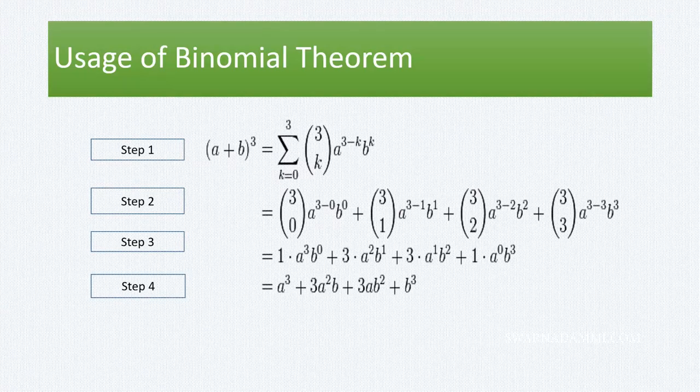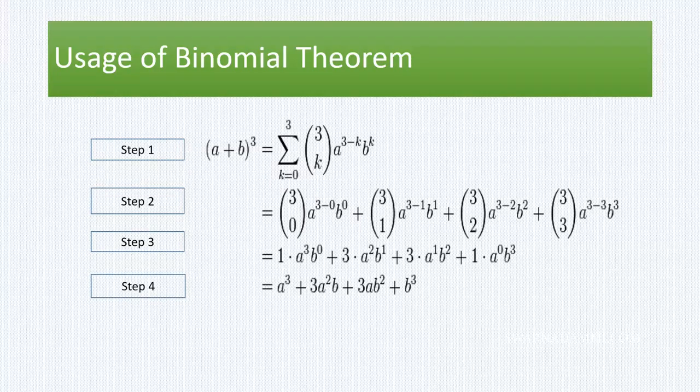You are given (a plus b) to the power 3 in step 1. (a plus b) to the power 3 equals sigma, k equals 0, k starting from 0 and going up to 3, 3Ck a to the power 3 minus k b to the power k.